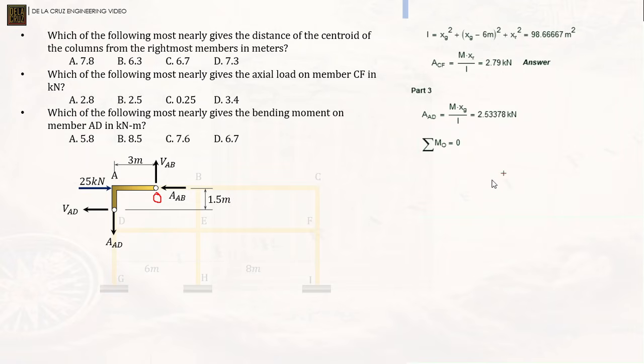Correct? Okay. So summation of moment about O, VAD will make a clockwise moment about O. Correct? That would be VAD times 1.5.